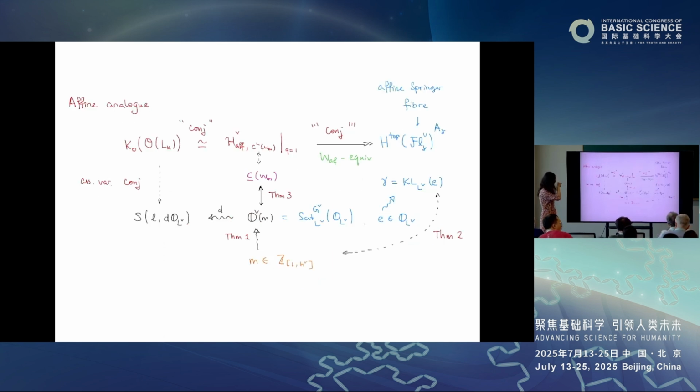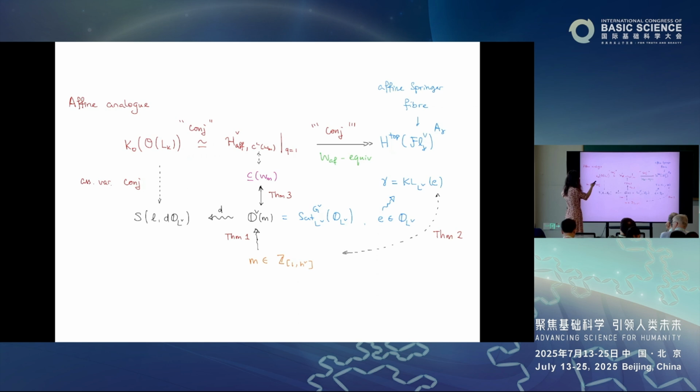So we start from m, an integer between 1 and h check. By the first theorem I explained, you produce some nilpotent orbit in the Langlands dual. This is O check m. And then I told you how to go to this sheet. This is by writing it as a saturation of some distinguished orbit, and then applying this construction, you get some sheet. And the first conjecture says that the associated variety of this L kappa.